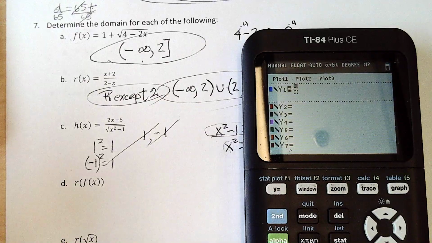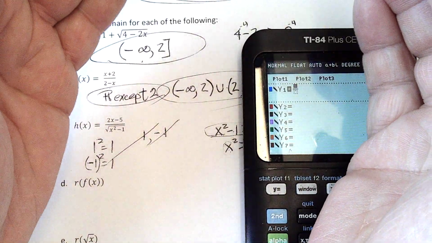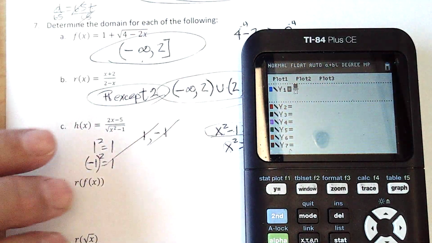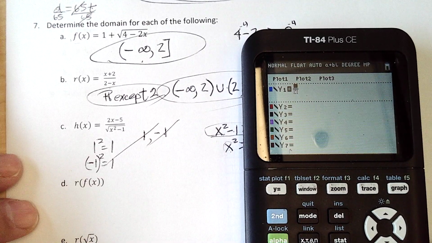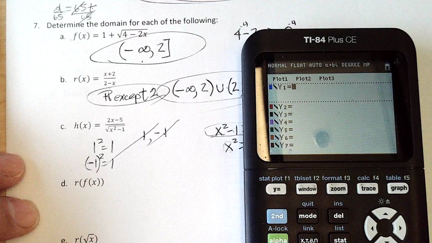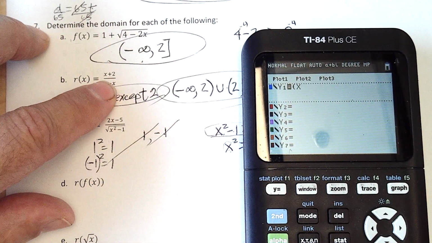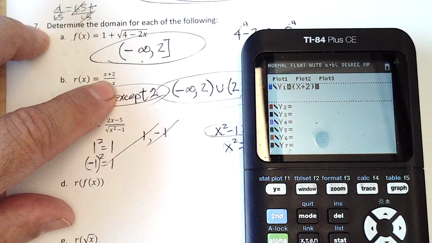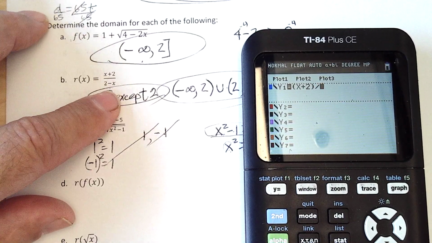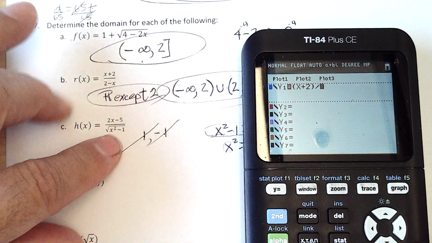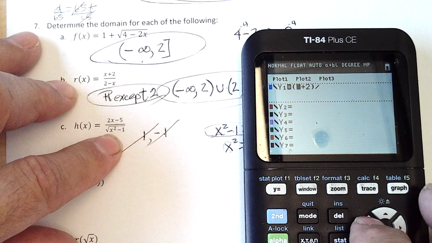The older ones, it doesn't, so you have to put the numerator in parentheses and the denominator in parentheses. I'll do it like I'd have to do it on the older one, but this is easier. I'll clear it and I'll go parenthesis for my numerator, x plus 2, close parenthesis, divided by, and then, oh, excuse me, doing the wrong problem here.